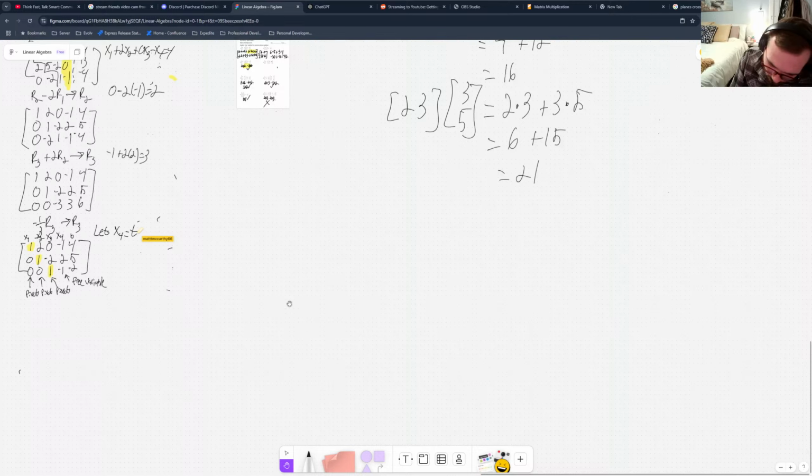Okay? Because if this were fully simplified, if there was an extra row here, there'd be a 1 for x4 and then some value, right? In this case there's only 3 rows, but if there were a 4th row, we could simplify it down such that there was a 1 here and then some constant. And then we'd say x4 equals that value, right?